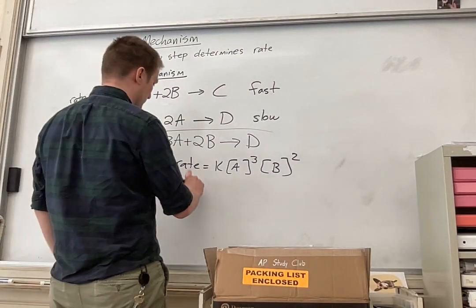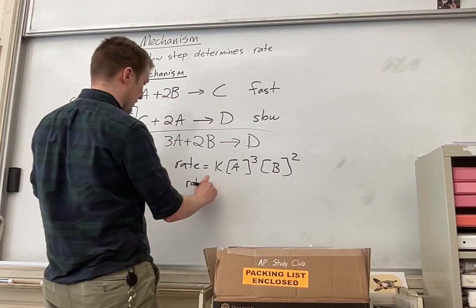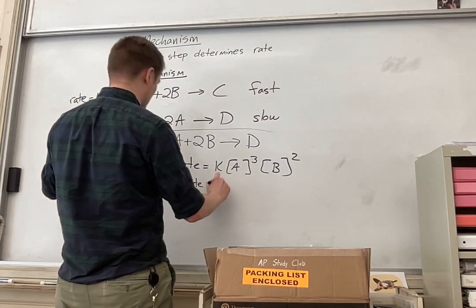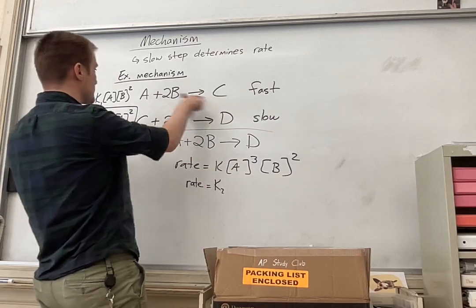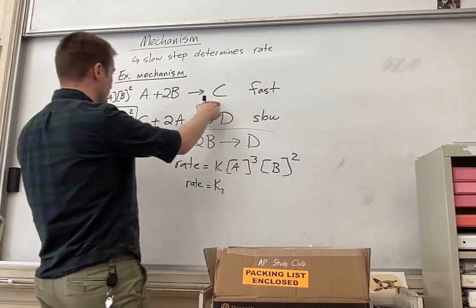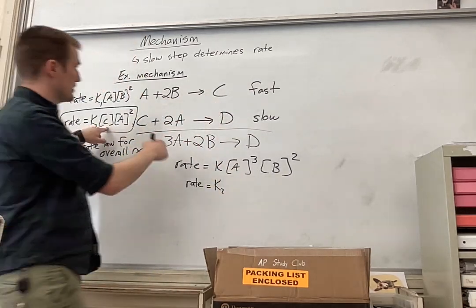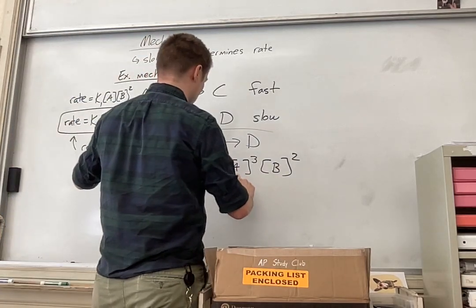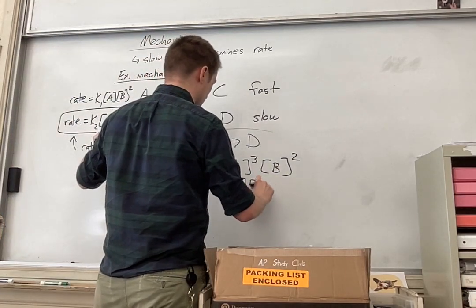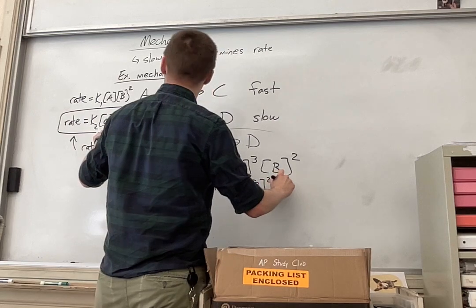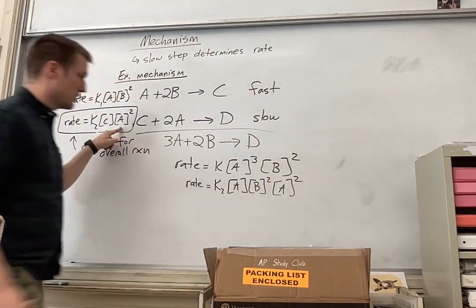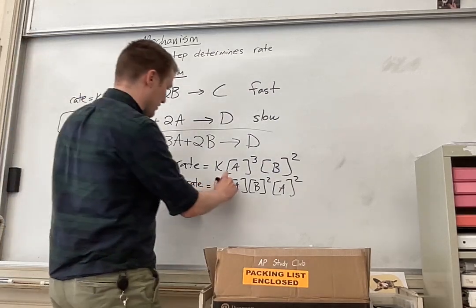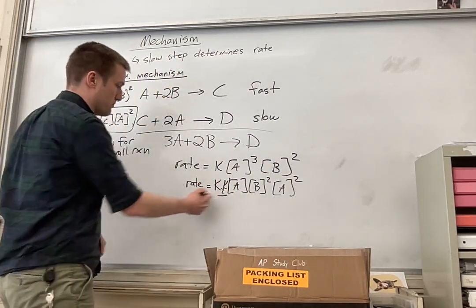So here, let me write it this way. Rate from here equals K2 times the concentration of C. The concentration of C is going to depend on the concentration of A, the concentration of B squared, and then the concentration of A squared again, where this would also have some other K prime that would combine.